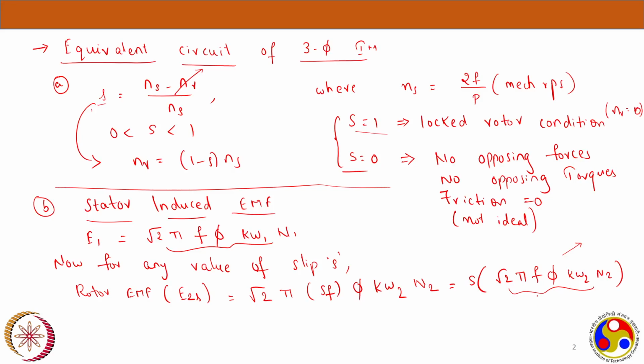That is the rotor standstill condition, because S equal to 1 means standstill. So at standstill, this bracket term is nothing but the induced voltage per phase at S equal to 1 in the rotor. So I am writing it here.